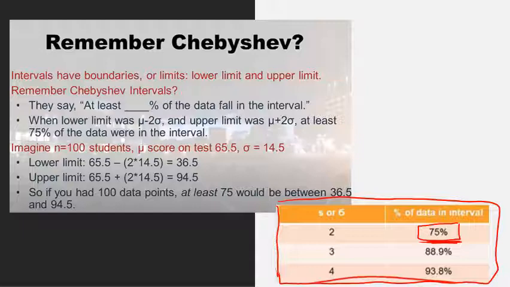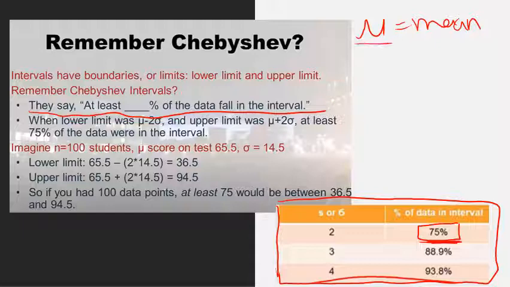And this is basically how you would state it: at least this percentage of the data falls within that interval. So if the lower limit is, oh, and remember mu? This equals the mean, but you use this when you're using actual population data. This is not what you use when we use samples.